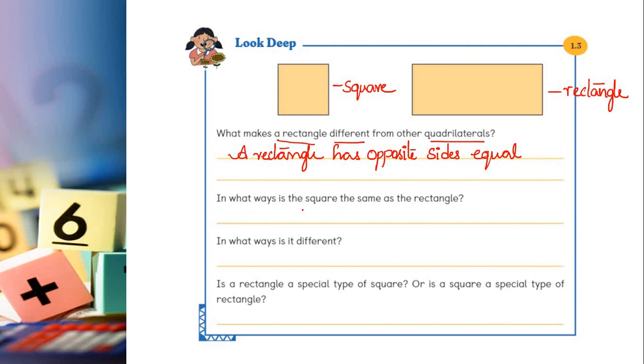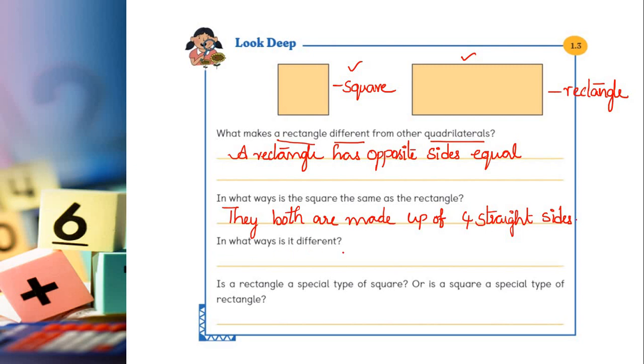In what ways is the square the same as the rectangle? Yes. They both are made up of four straight sides or straight lines. Next question.